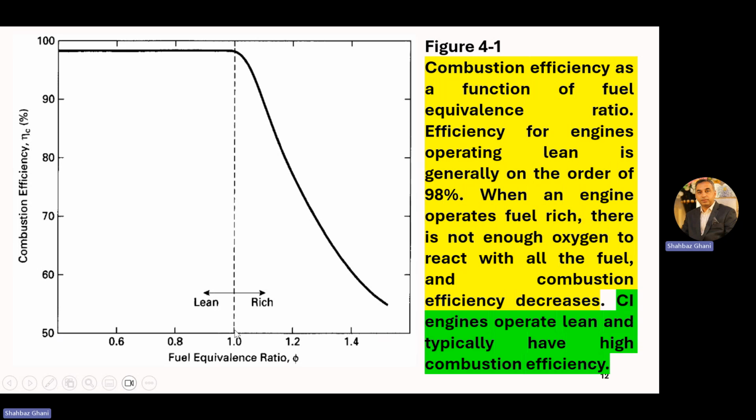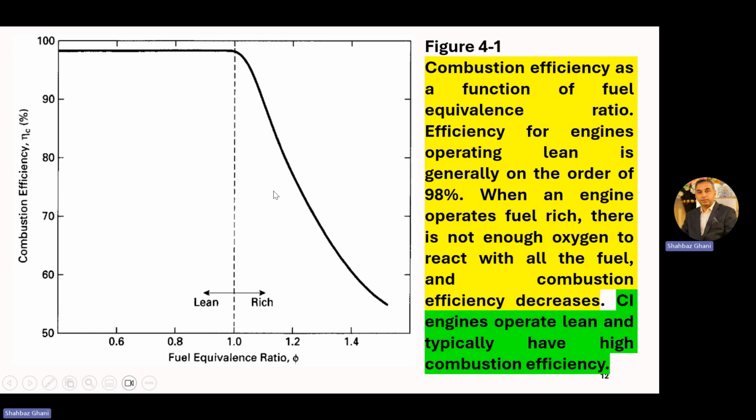Now, when phi, the fuel equivalence ratio, is 1, we have this line, and the portion on the left side is a lean mixture. We have an excess amount of air, so the combustion efficiency is 98% in this lean region.